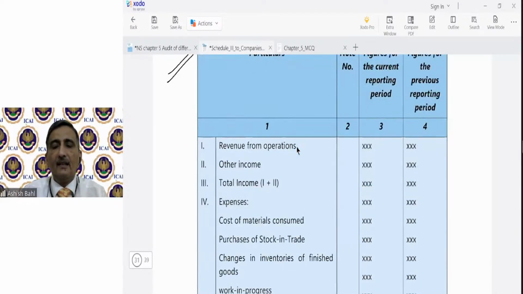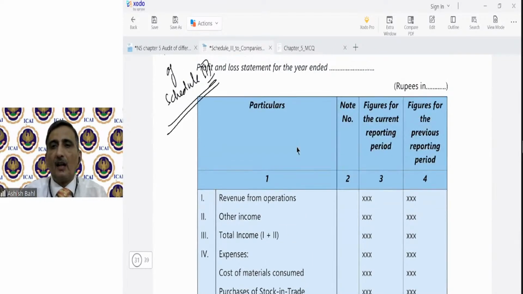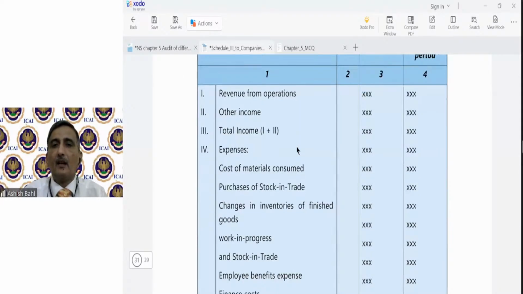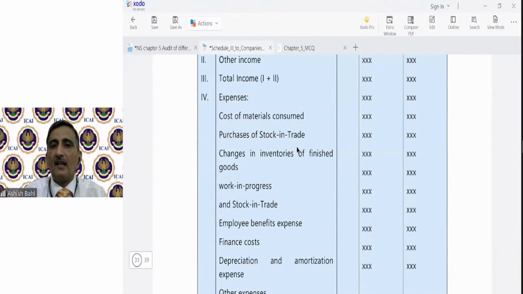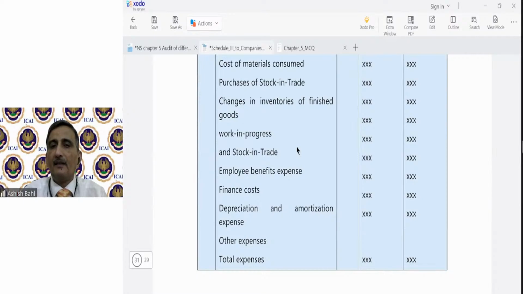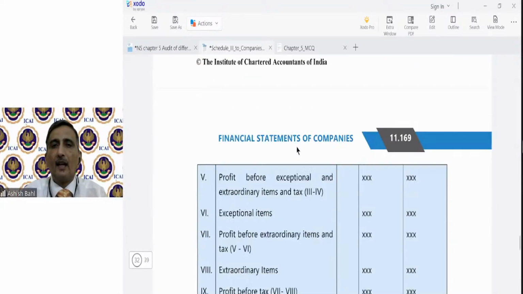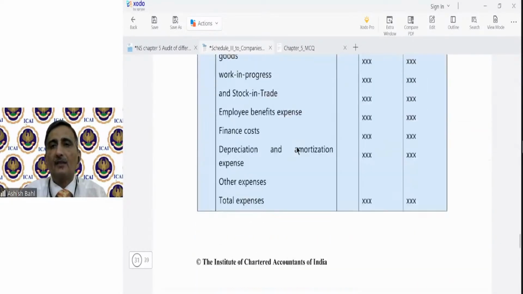So this is the format of presentation of profit and loss items. Revenue from operations, other income, total income, figures for current period, figures for the previous period, and expenses. Cost of materials consumed, purchase of stock in trade, changes in inventories of finished goods and WIP, and other expenses like employee benefit expenses, finance costs, depreciation, total expenses, and profit before tax, provision for taxes, and so on.